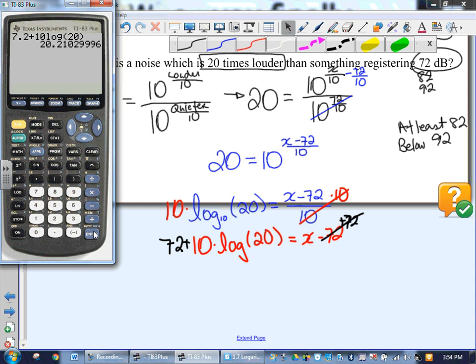Let's try to see it. 72 plus 10 times the log of 20, which is 85. Okay, that makes sense. But hey, if I didn't think logically about this question, I would have just gotten my answer and been like, okay, sounds good, continuing on. So how loud is something that's 20 times louder than something registering 72 decibels? It'll be registering 85 decibels.